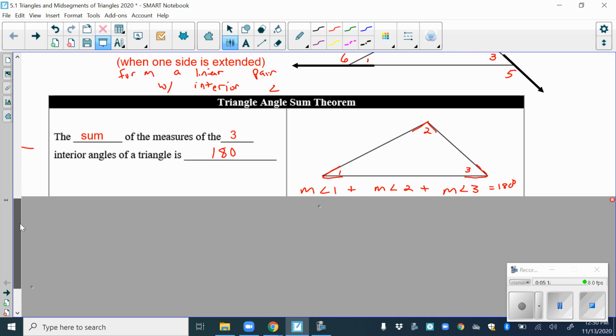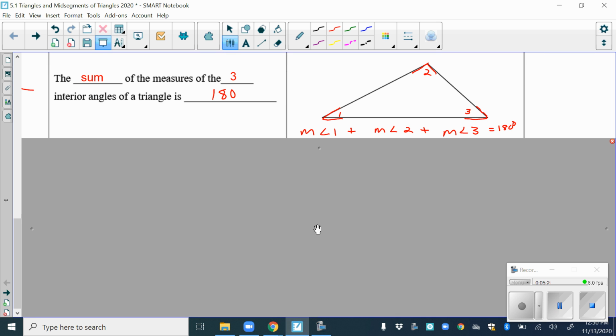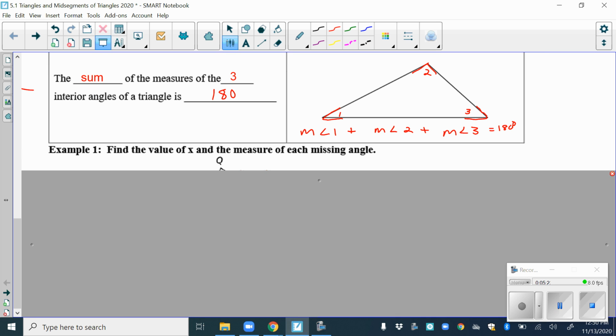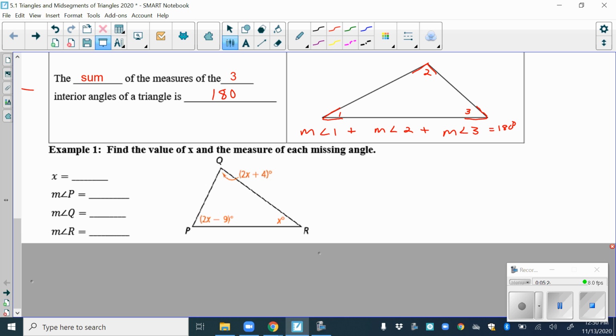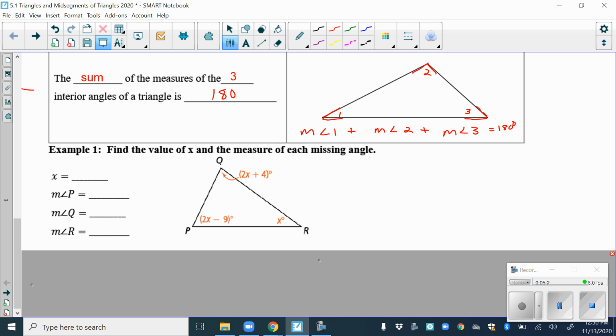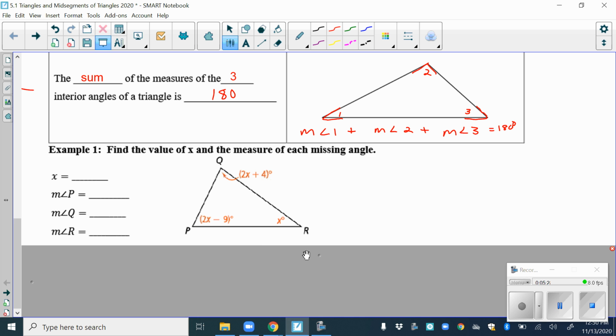Or we might use it when we have some variables in algebra. It says find the value of x and the measure of each missing angle. So I have the three angles P, Q, and R of a triangle, and I want to figure out their angle measurements, but I have variables. The triangle angle sum theorem says that the measure of angle P plus the measure of angle Q plus the measure of angle R will equal 180 degrees.